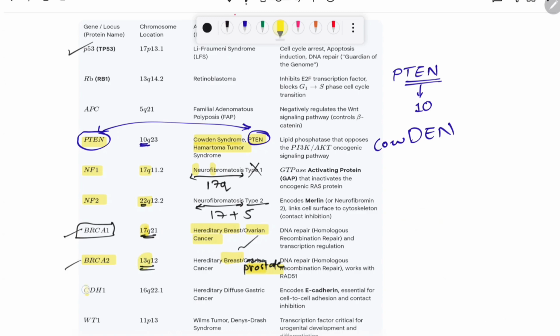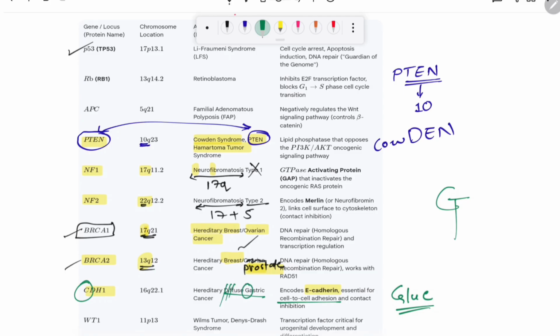Next on the list is the CDH1 gene, which is also called as E-cadherin gene. E-cadherin gene is the molecular glue of the cell, as it helps in cell to cell adhesion. If you modify C as G, then G stands for gastric and D stands for diffuse.